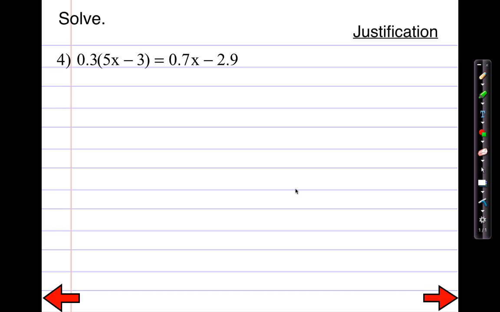Okay, so for number 4, hopefully the first thing you wanted to do was distribute. 3/10 times 5x is going to leave me with 1 and 5/10 x. And then here, 3/10 times a -3, that's going to be a negative 9/10 equals 0.7x minus 2.9.